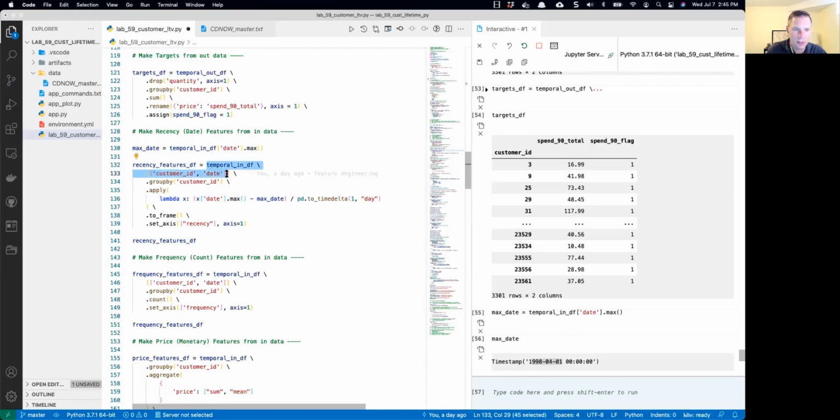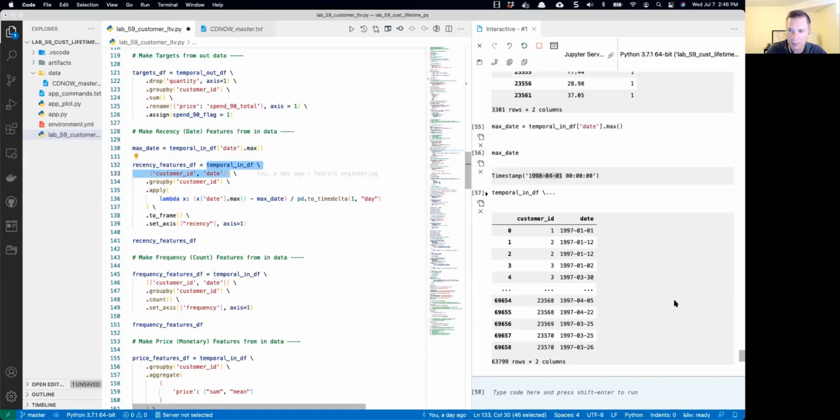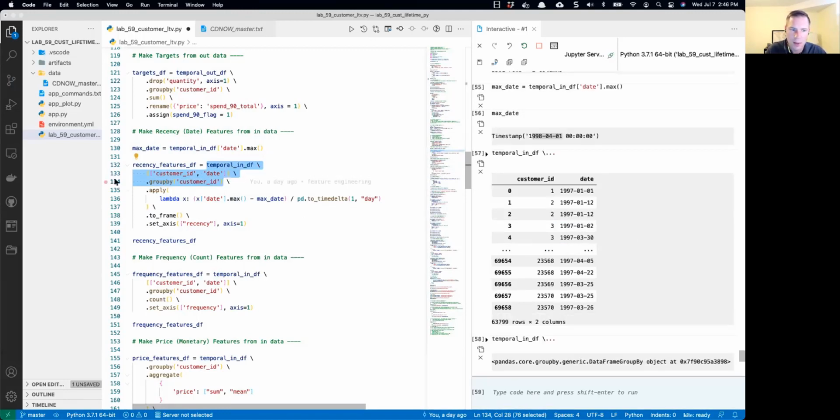So how we do this: we take our temporal in DF, we grab the customer ID, we grab the date, we group by customer, and then we apply a function. For each of these groups, so we've got a group by object, grouping by customer ID, we're going to take the maximum date within each group.